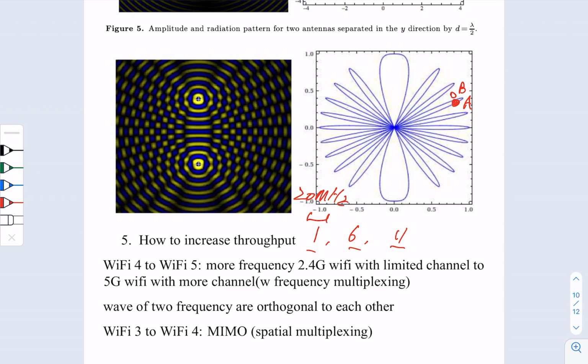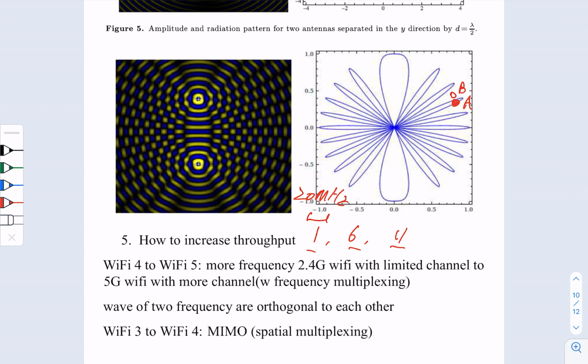So in this case, we are able to deliver different information to A and B differently. Even though the antennas are delivering at the same frequencies and at the same time, because they are positioned at slightly different positions, you can still carry information differently.